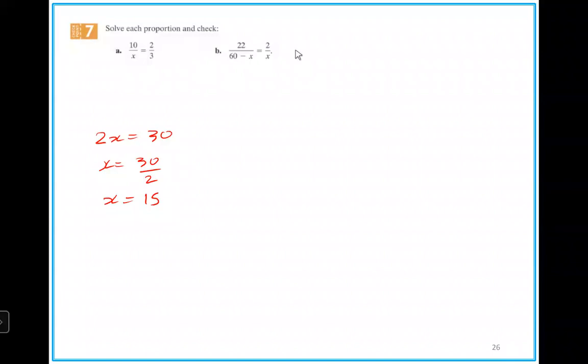Miss Nairn, tell me what you would do for this second one. Okay, we could do cross multiplication here as well.